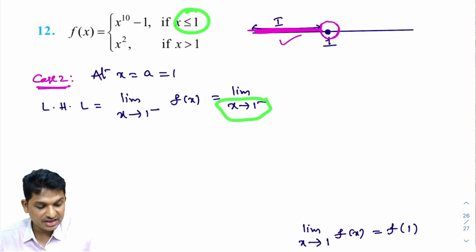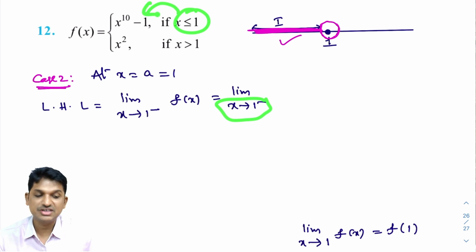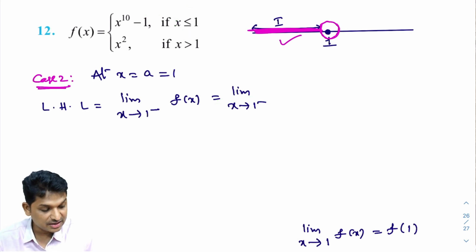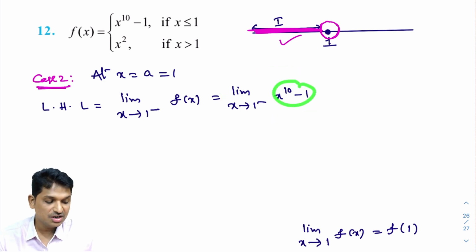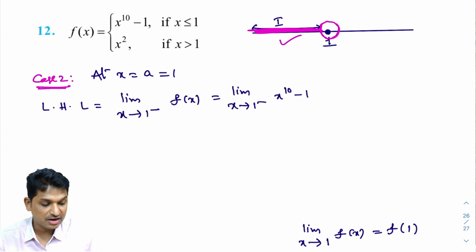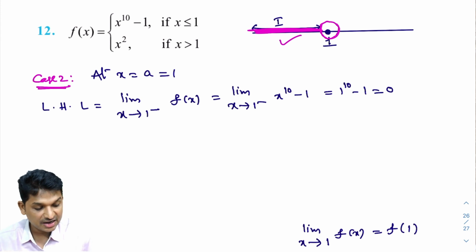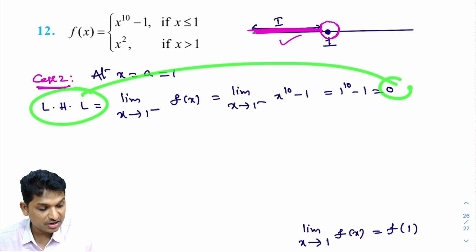When x values are less than 1, which function to choose? We need to choose this function. So I'll write the function x power 10 minus 1. How to calculate the limit of this? In the limits chapter, for any problem, first we try the direct method. What is the direct method? In this function, wherever x is there, you write 1. So what will you get? 1 power 10 minus 1, that is the same as 0. So I calculated the left hand limit, and I got 0.